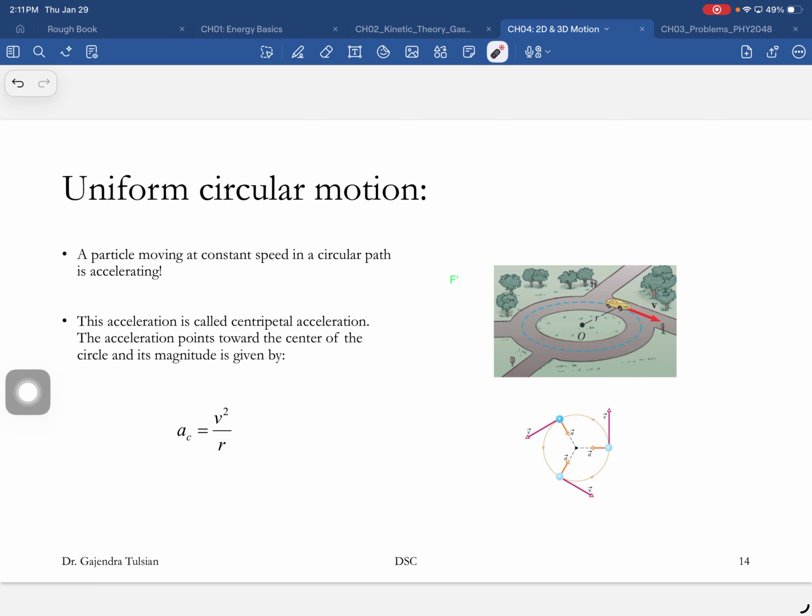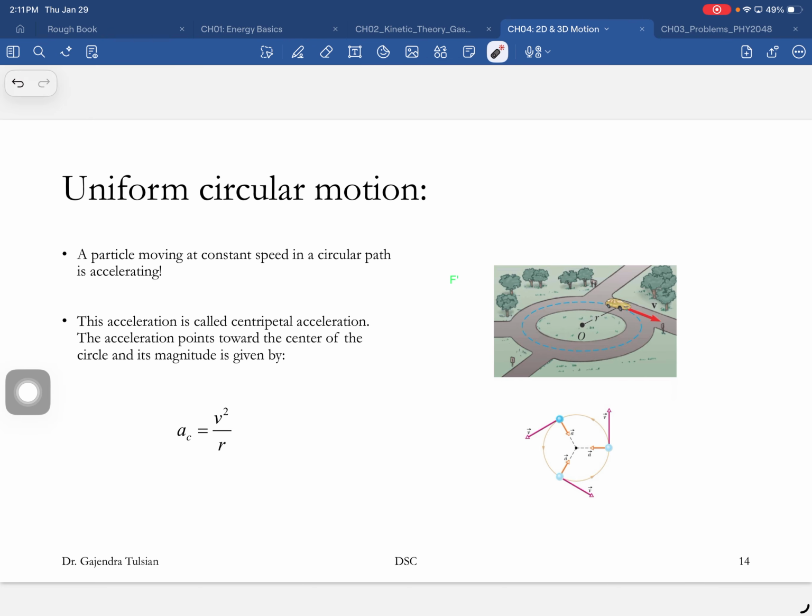If you make a turn at a given speed, the sharper the turn, the harder it is to make. That's because the smaller the radius, the greater your acceleration. Your tires had better be sticky.